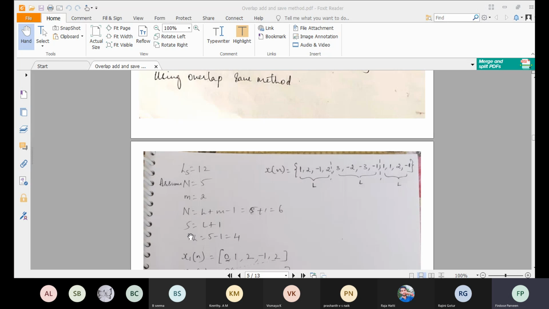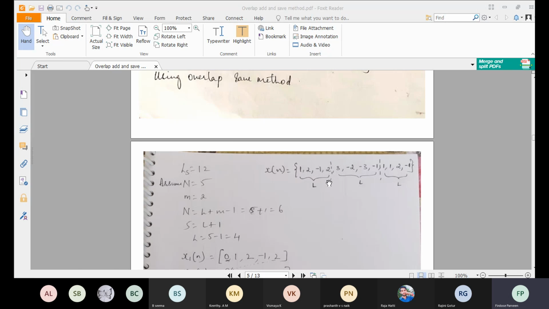So length L we need to find out, that is 5 minus (2 minus 1), it is 1. So L is equal to 5 minus 1, it is 4. Now this number 4, we will divide this given sequence into that number of samples. So this is 1, 2, 3, 4.